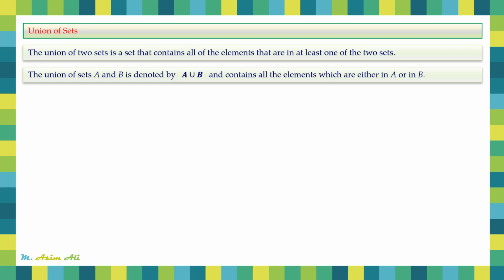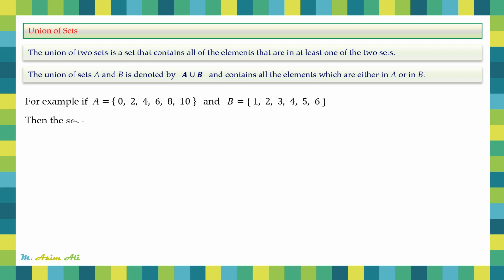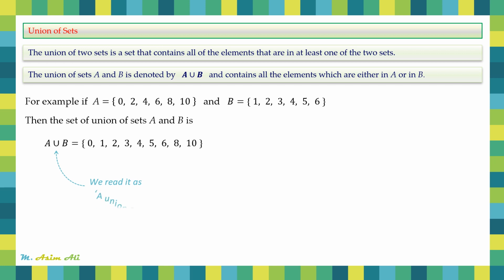Any element in A will come in A union B, or any element in B will come in A union B. For example, if we have set A = {0, 2, 4, 6, 8, 10} and set B = {1, 2, 3, 4, 5, 6}, then to find the union of these two sets, we will combine all these elements, we will not repeat any element, and we will write them in order. So A∪B denotes the union of these two sets, and this symbol is read as A union B.